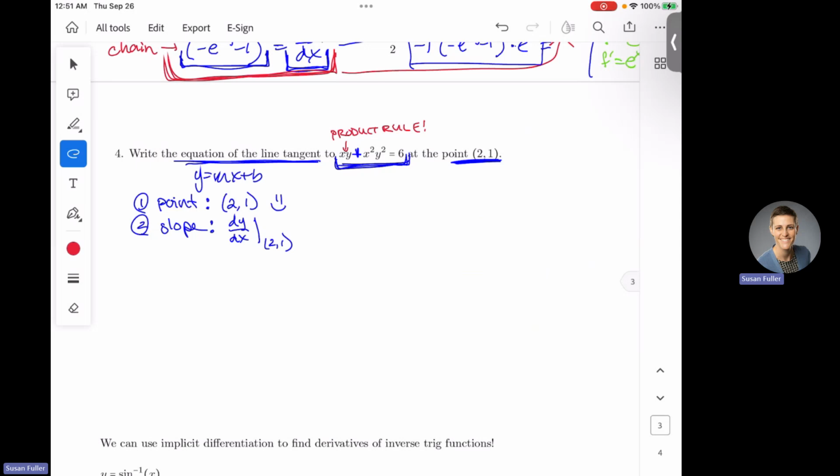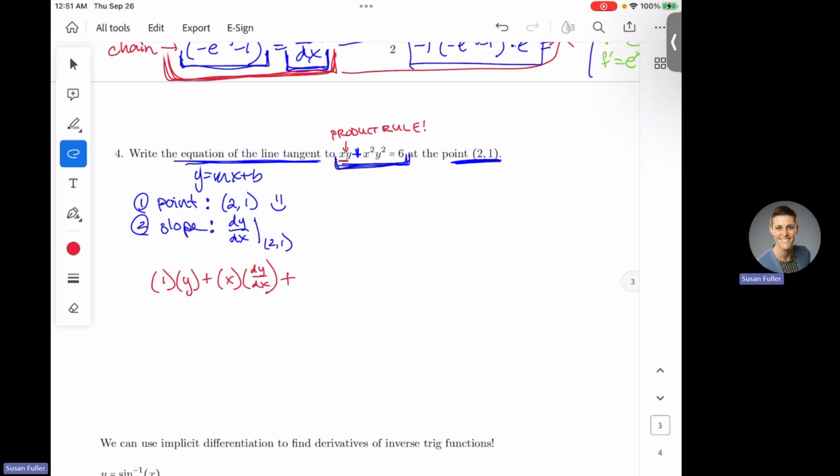So when I'm doing the product rule there, I'm going to do the derivative of the first function, the derivative of x, that's 1, times the second function, y, as is, plus my first function, x, as is, times the derivative of my second function. What's the derivative of y? It's 1, but we took the derivative of y, so we have to multiply by dy/dx. So all of this is the derivative of xy.